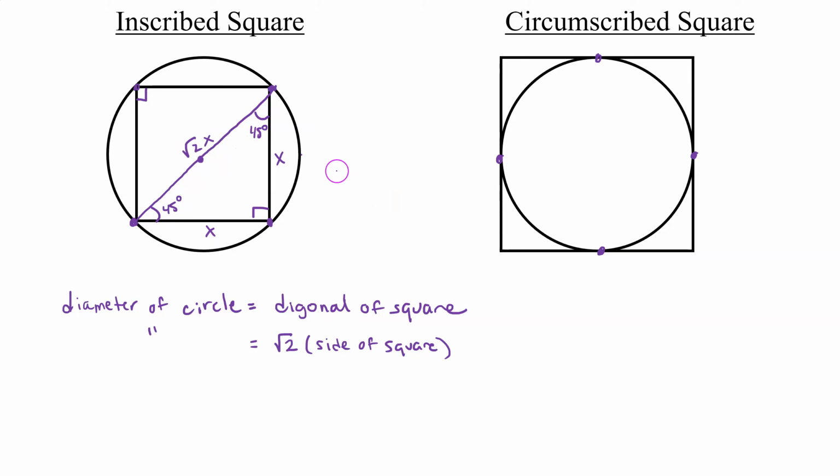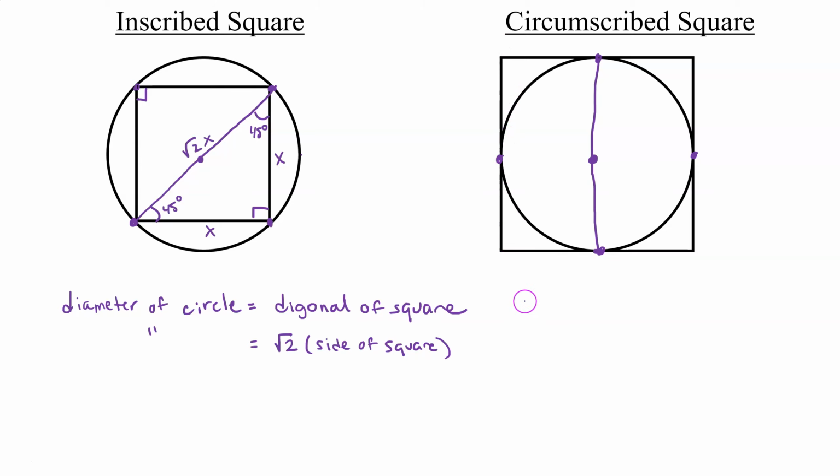Okay, so those are the 2 main relationships I wanted to look at when the square is inscribed within the circle. Now let's look at this square being circumscribed about the circle. One thing that you'll notice is if you draw your diameter of your circle here, so here's approximately the center of our circle, you'll see that this length here is the same as the side of the square.